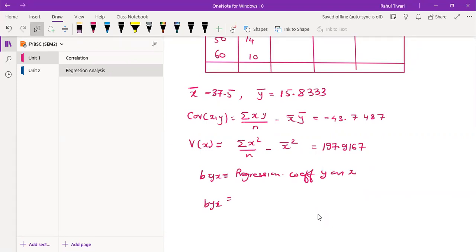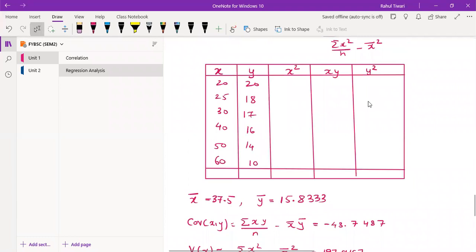Do it and you will get the answer, which is minus 0.2210. Just check this answer and let me know. Yes, sir. Very good.